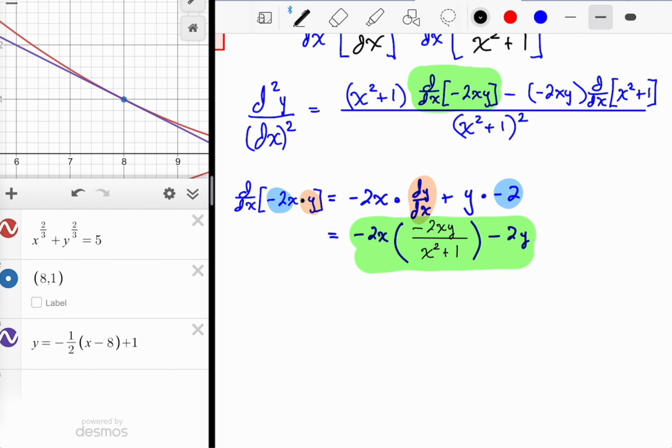So then it's really just a copy-paste job, but I'll rewrite it this time. d2y dx squared. It's kind of weird, and I don't like it, but I understand why they do it. The notation for the second derivative is pretty much what I wrote here, d2y over dx squared.